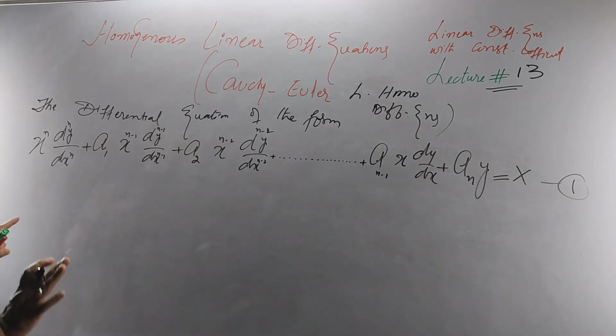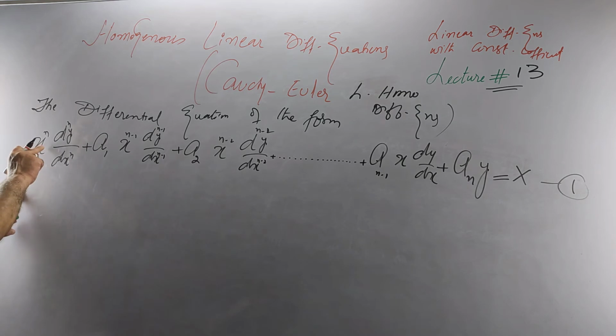You see what happens here. You have the highest power of x here, n. What is the order of the derivative? It is also n. It is the nth order differential equation with degree 1. That is why it is known as a linear differential equation, because the degree is 1.